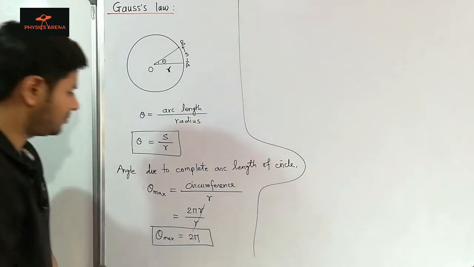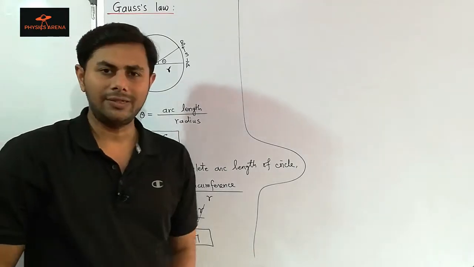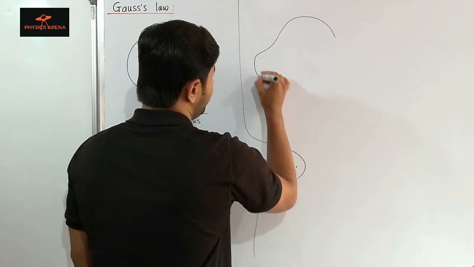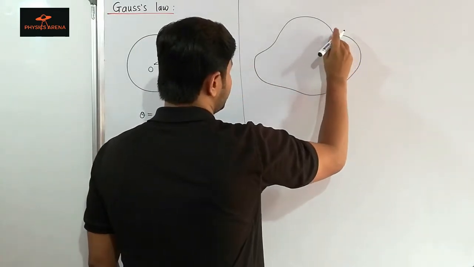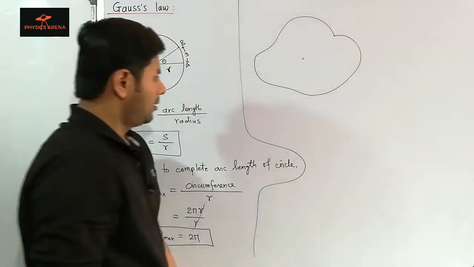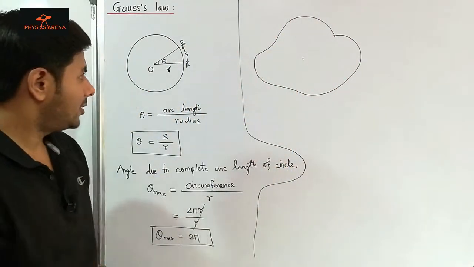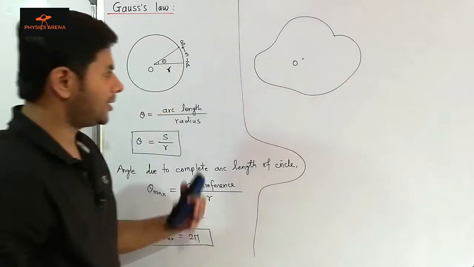Okay, now imagine that instead of a circle we have some other closed curve like this. What is the angle subtended by this closed curve at this point or at any internal point?